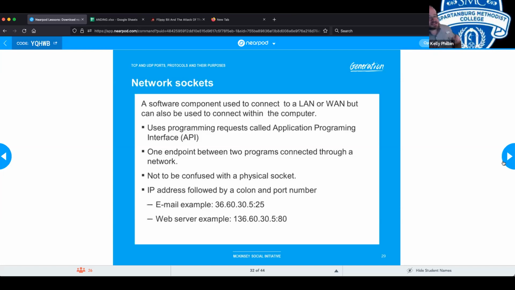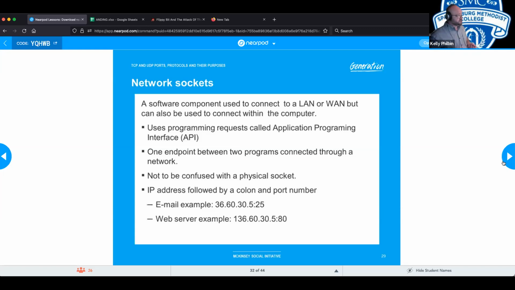When I'm communicating with a web server, or if I have networking set up at my house, I can specify which port I want to communicate to on my network.